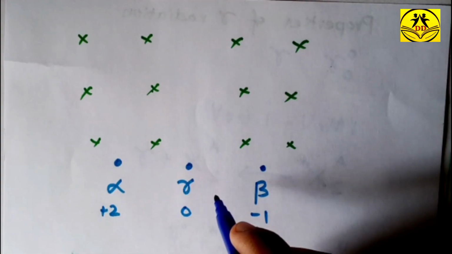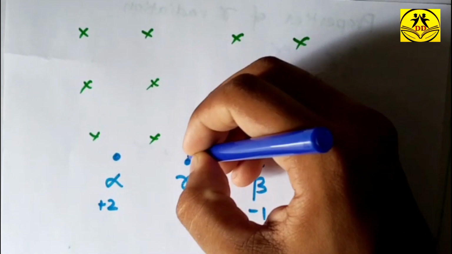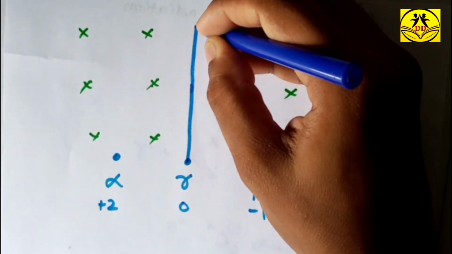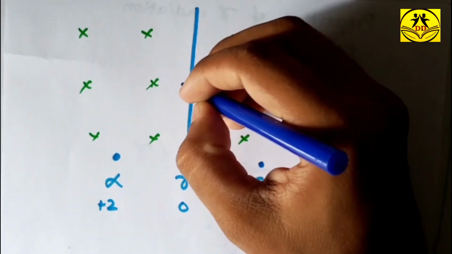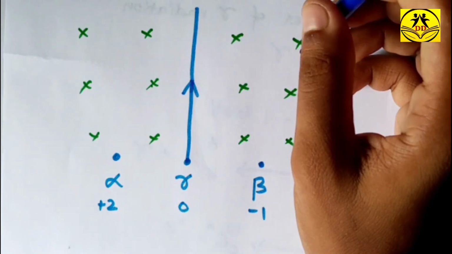So as gamma particles have 0 charge, they will not have any deflection if we project a gamma photon towards this side. So it will move undeflected through a magnetic field.